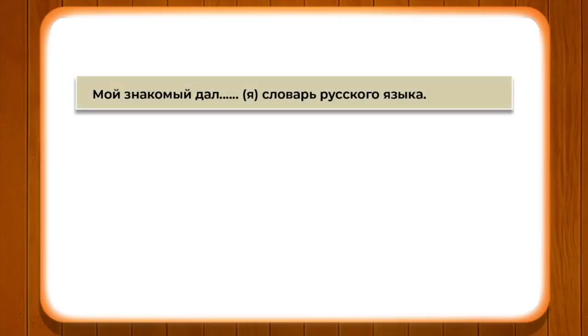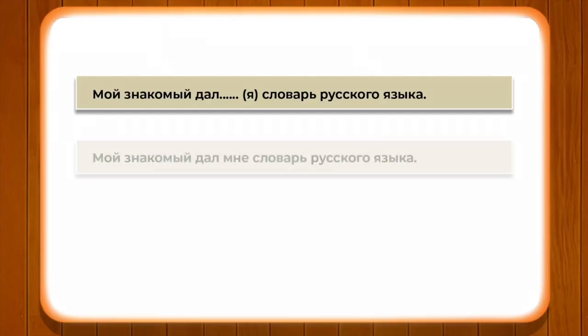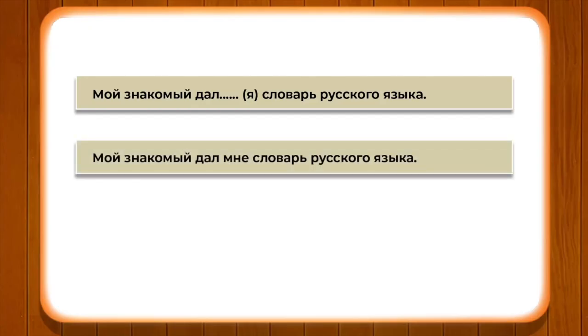Мой знакомый дал. In bracket, we have the personal pronoun я. So, я changes into мне in dative. Мой знакомый дал кому? Мне словарь русского языка.